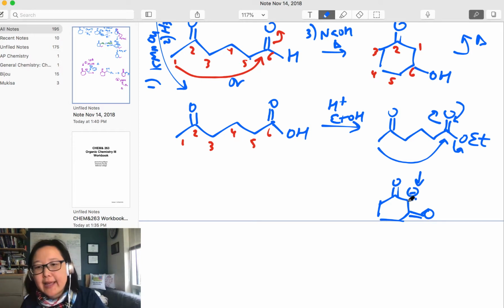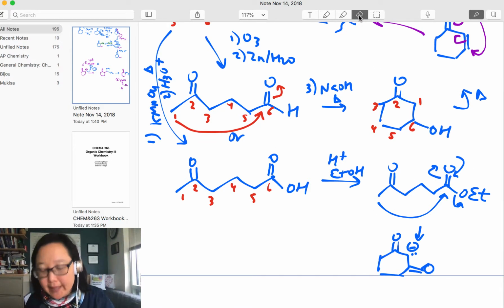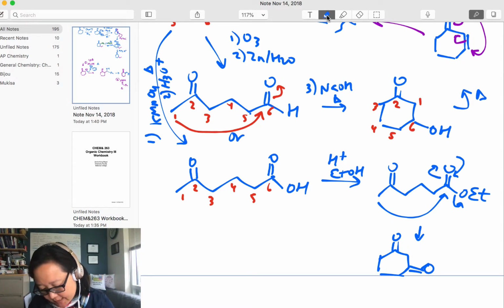There are things I could do here. Maybe I could alkylate at the alpha position, but other than that, I really can't figure out a way for that alkyl group to be beta to any one of these, and then a way for me to get rid of that keto group. Now, in my answer key, I sort of show how we get this compound, and maybe it's possible if you had some kind of reaction, like a methyl Grignard, MeMgBr.